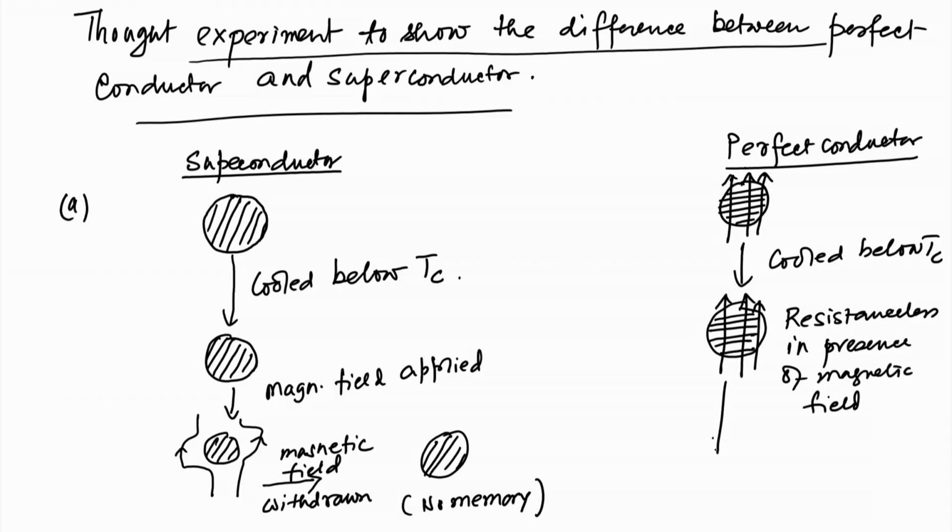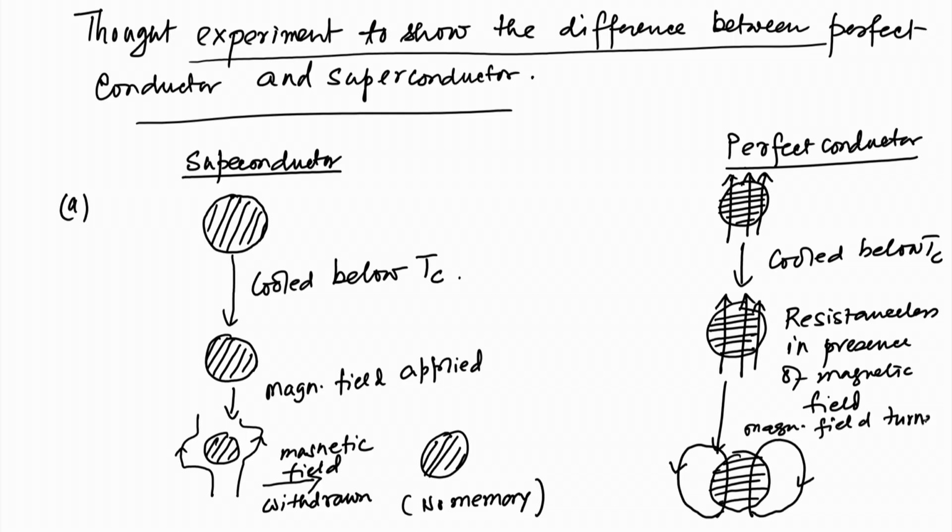Now, when the field is withdrawn, it goes into a state which is, so this is the magnetic field turned off, and it has a memory. So, because the perfect conductor does not have the Meissner effect, this is what happens.